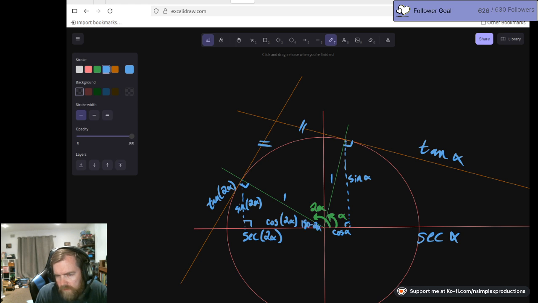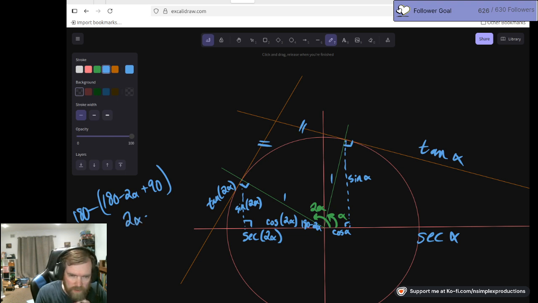Minus 2 alpha, and then if we have 180 minus 2 alpha plus 90, which we're subtracting from 180, then that goes away. And this is going to be 2 alpha minus 90. Is our reference angle.